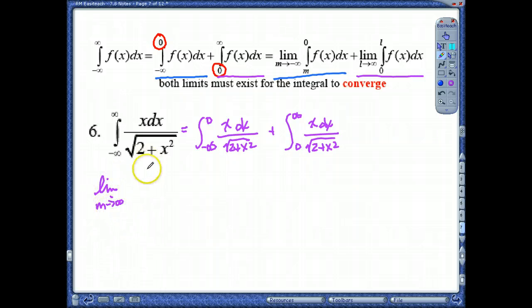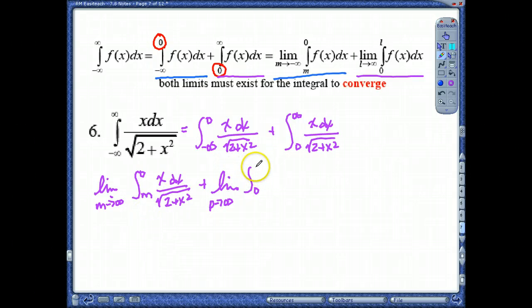So the limit as m approaches negative infinity, we're going to have m to 0 of x dx over the square root of 2 plus x squared, plus the limit as p approaches positive infinity. Oh, p for positive, I should have used n for negative. Dang it. I'll know to be more clever next time.